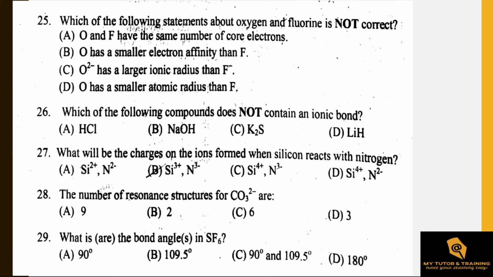Here 4 is the charge of silicon and 3 is the charge of nitrogen. So silicon forms Si4+, and nitrogen forms nitrogen with a 3 minus charge. So the correct answer is C.